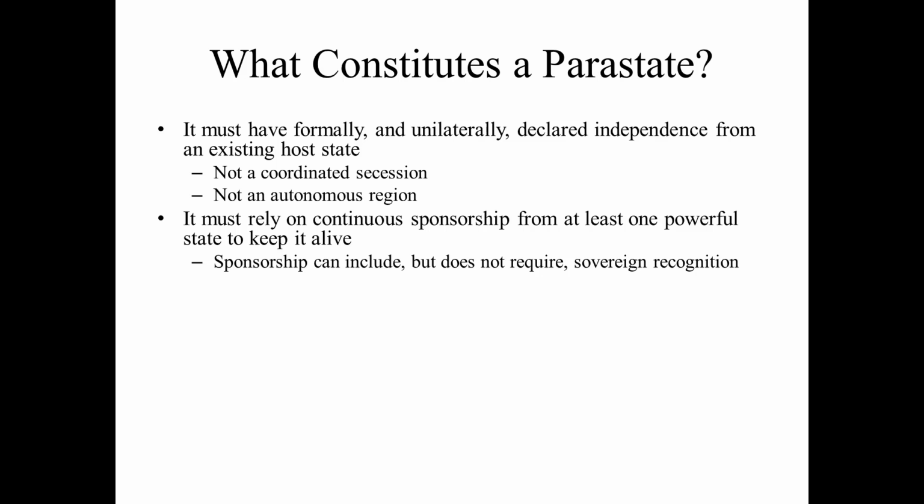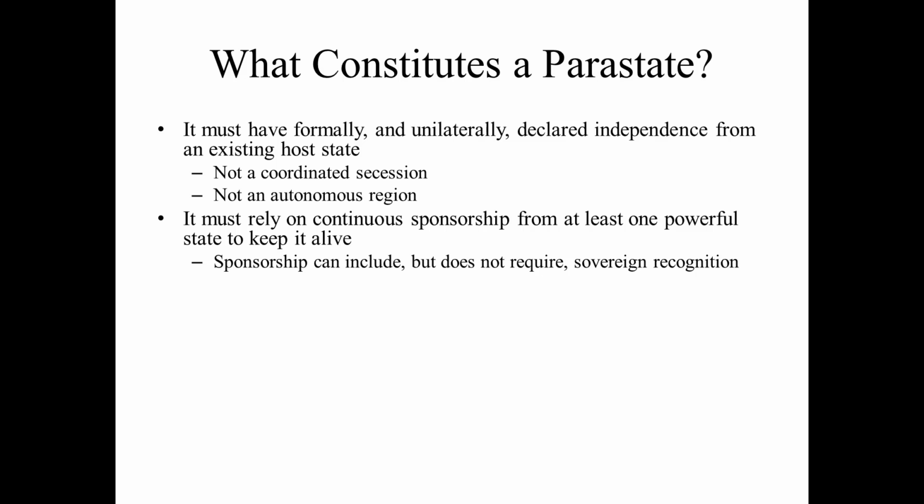From at least one powerful country to keep it alive, right? If you can get support from either the United States or China or Russia, or even a country as regionally powerful as, let's say, Turkey, you now have a friend in the region that will defend you. That will speak on your behalf diplomatically, that might begin some economic relations, and if need be, send in the military to defend you.